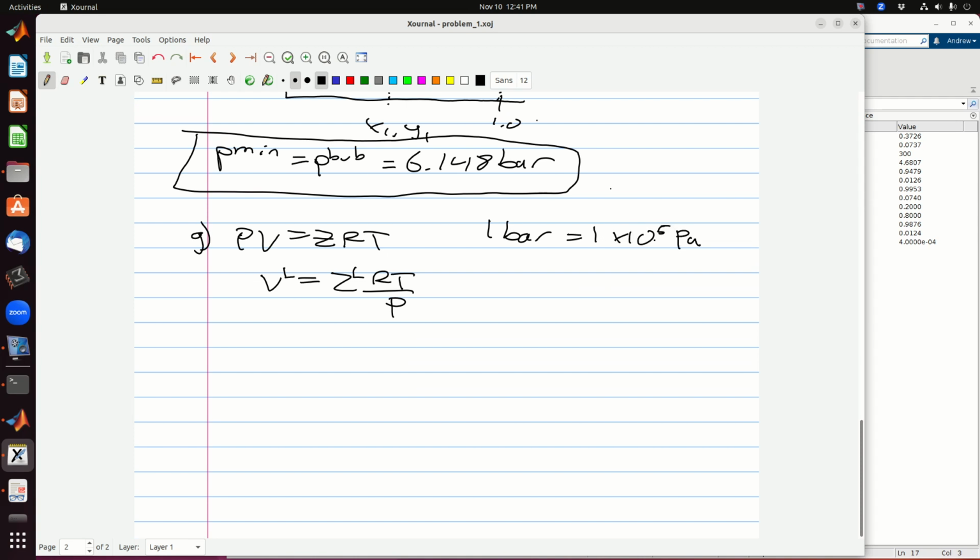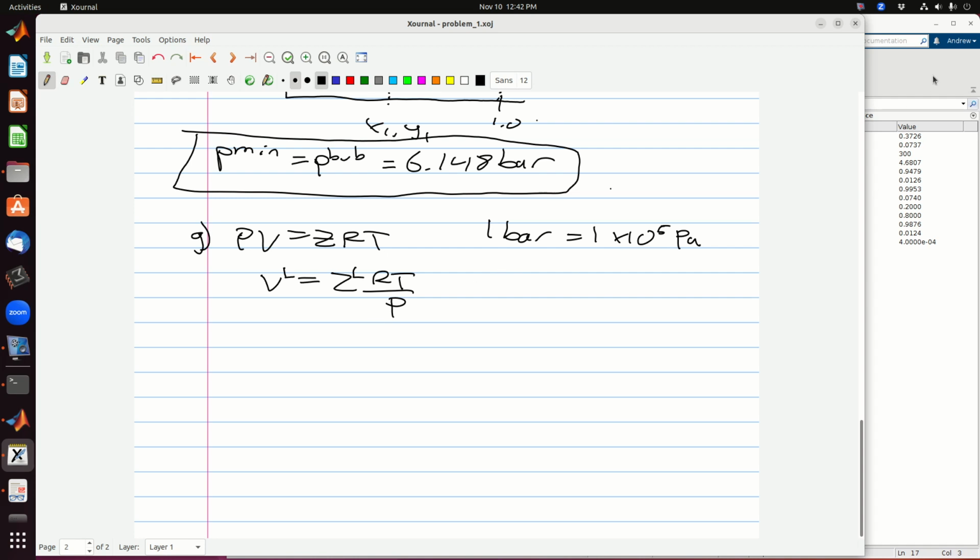What I always remember is the equivalence of an atmosphere: 1 atmosphere is 101.325 kilopascals, or 1.01325 times 10 to the 5 pascals. Well, 1 bar is approximately equal to 1 atmosphere; 1 bar is 1.01325 atmospheres. So 1 bar is 1 times 10 to the 5 pascals.